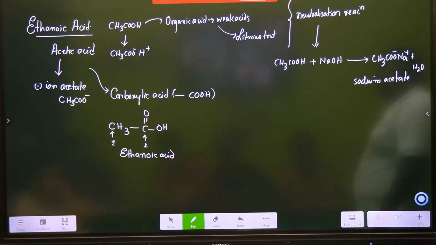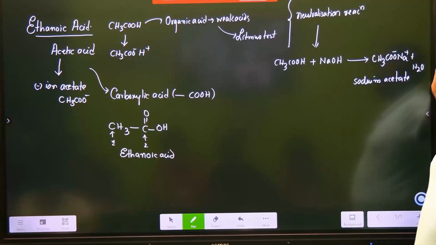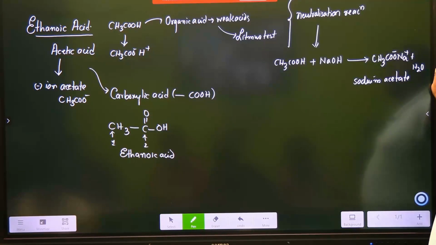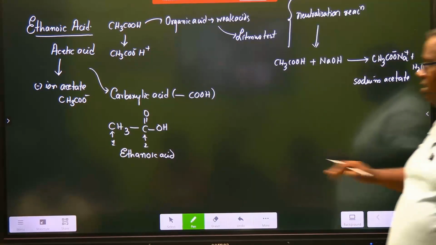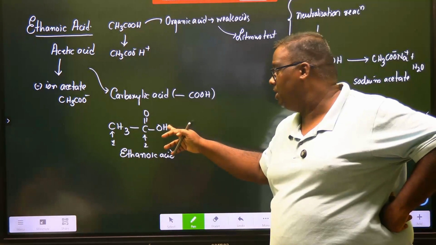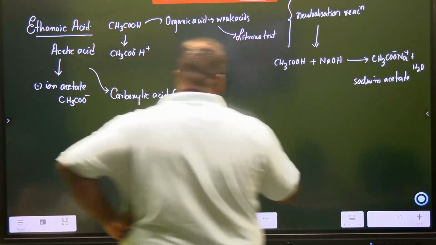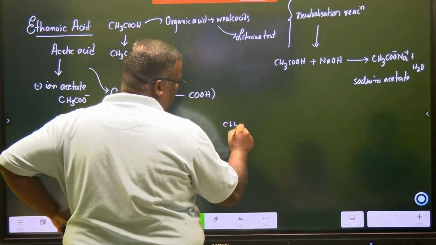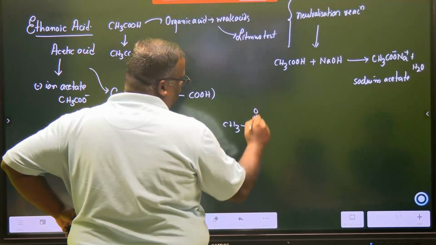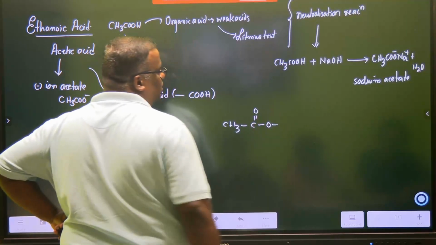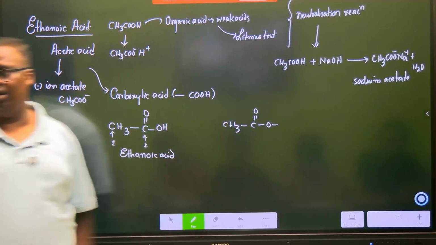So you can write: ethanoic acid reacts with a base, sodium hydroxide, to form a salt, sodium acetate, CH3COONa. If you look at this, the H has been liberated, creating one more valency. If you want to see that in a more broken-down manner, it's like this: CH3, C double bond O, O, and the H is gone, creating one more valency now.